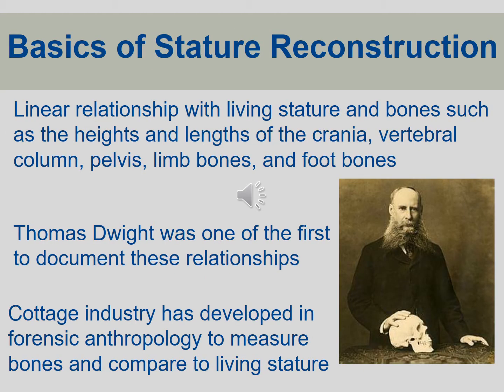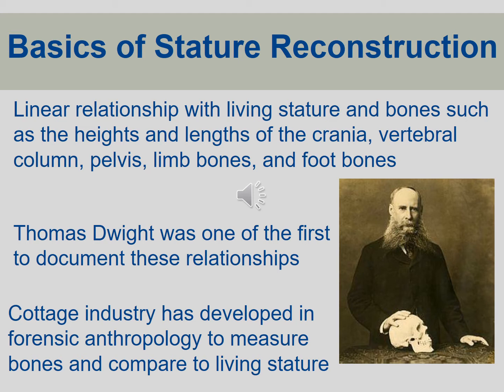The basics of stature reconstruction hold that there is a positive linear relationship with living stature and the lengths and heights of bones, including the vertebral column, maybe even the pelvis. And most commonly, limb bones are used, but people have also looked at some of the length of foot bones.